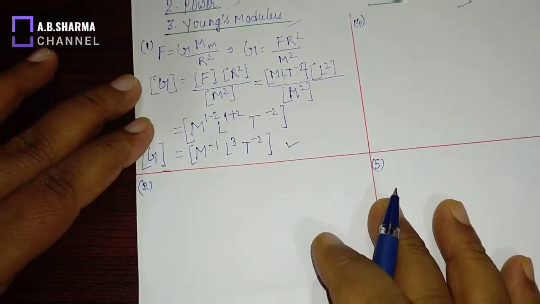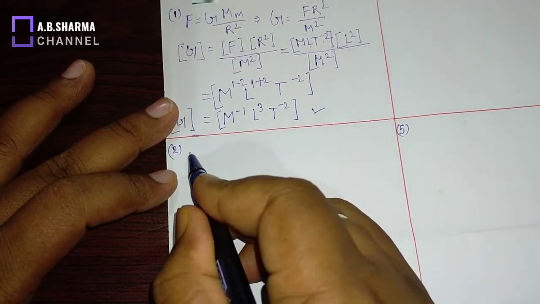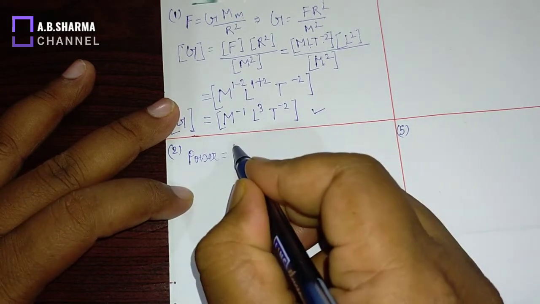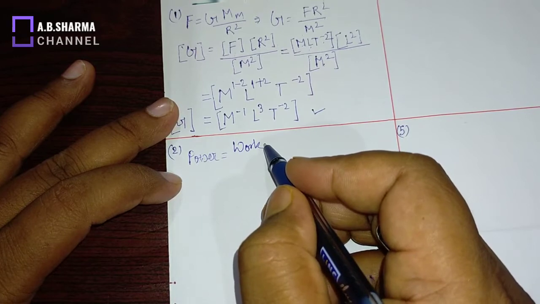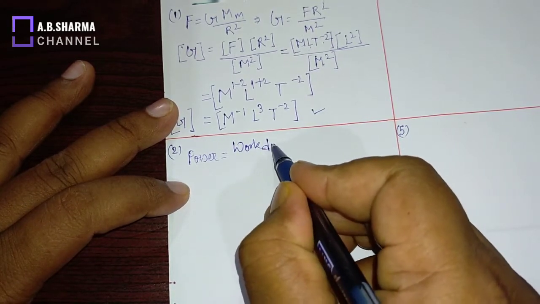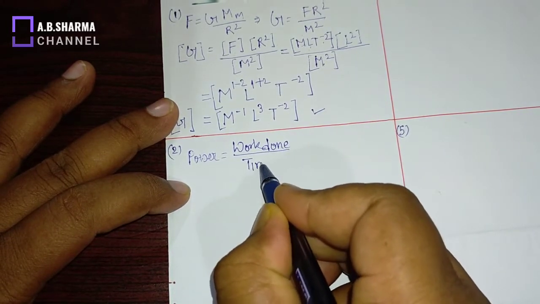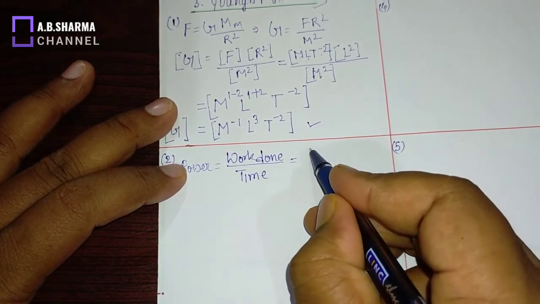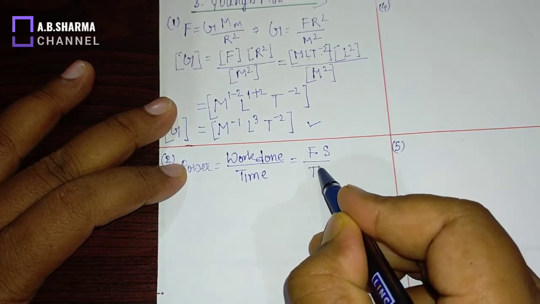Second, power. The formula of power is work done per unit time, or work by time. What is the formula of work? It is Fs, force into displacement, and time t.